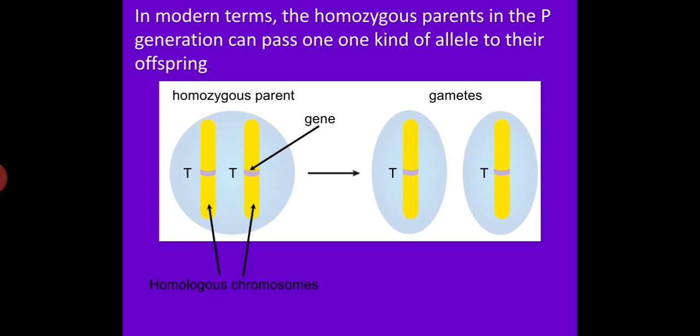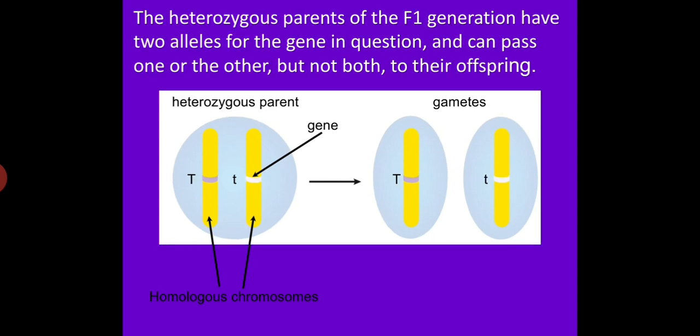For example, a homozygous tall plant can pass only tall gametes. The heterozygous parents of the F1 generation have two alleles and can pass one or the other but not both to their offsprings.